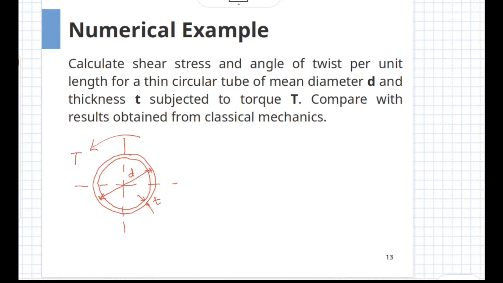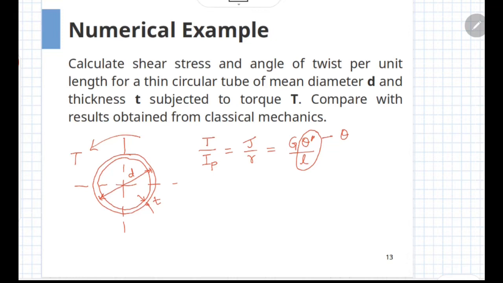for this particular case. Now we know from classical solid mechanics that the governing torsion equation is given by T by IP equal to tau by R equal to G theta dash by L. I am using the notation dash in order to differentiate it from our notation theta, which is angle of twist per unit length, which is nothing but theta dash divided by L. So using this approach, we can directly find out the stress and angle of twist for the case which is given.